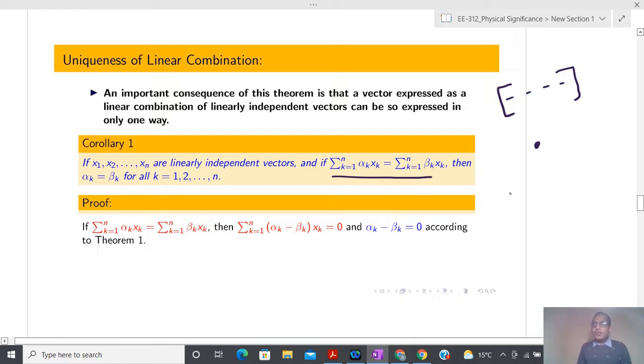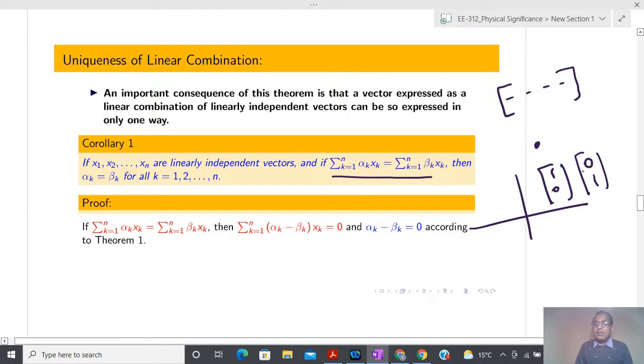Once you are in some space, suppose a two-dimensional space, and you fix the independent vectors, using these two independent vectors I am going to span this whole space.